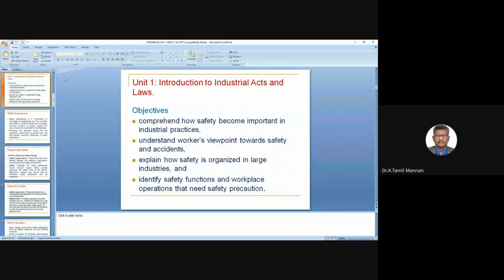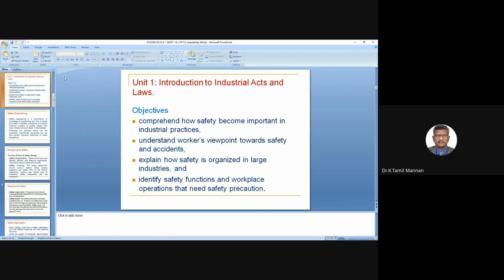So in this unit 1, it's an introduction to industrial acts and laws. In this unit you are going to learn how safety becomes important in industrial practice, the need for safety, why safety plays an important role in the industry, and the worker's point of view toward safety and accidents.